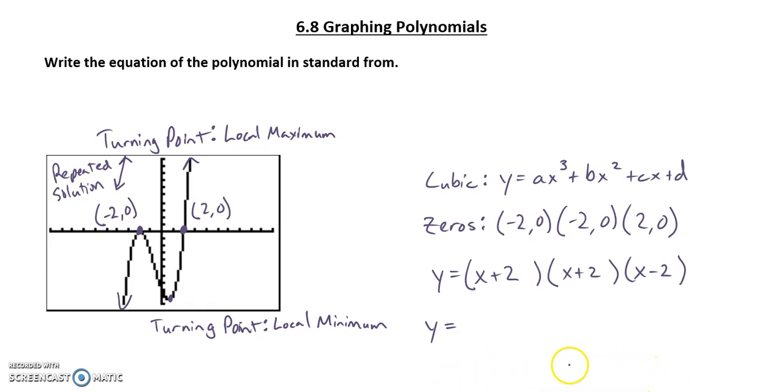The first step is to multiply these two binomials together. x plus 2 times x plus 2 distributed out becomes x squared plus 4x plus 4, times x minus 2.